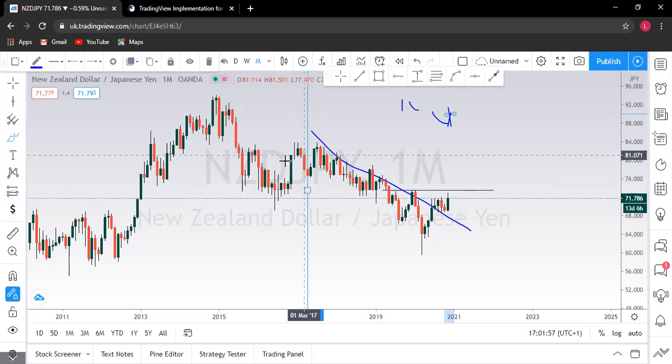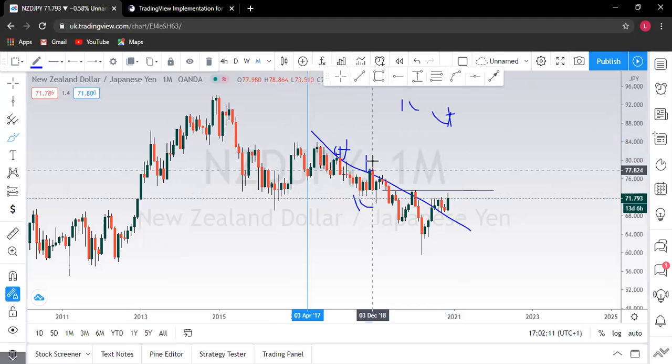So this is the lower high, this is the lower low, this is a lower high, and this is a lower low, this is a lower high. Remember, this is strictly based on the monthly time frame. This is a lower low, a lower high, a lower low.